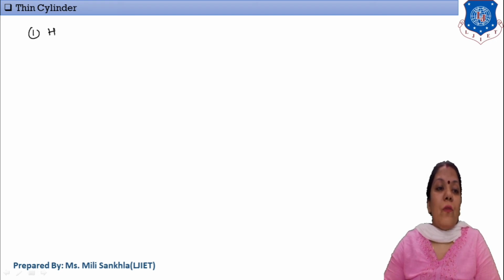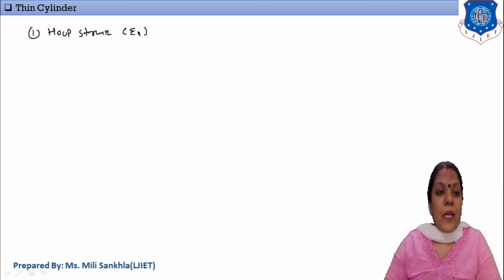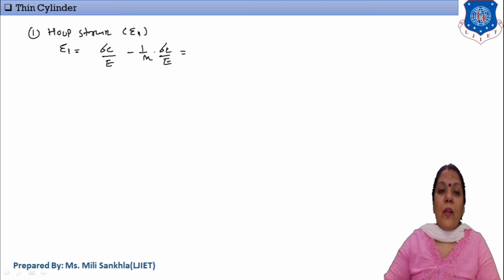Our first strain is the hoop strain, and the notation of this hoop strain is epsilon 1. Epsilon 1 is equal to sigma C by E minus 1 by m sigma L by E. Now one by one put the values.